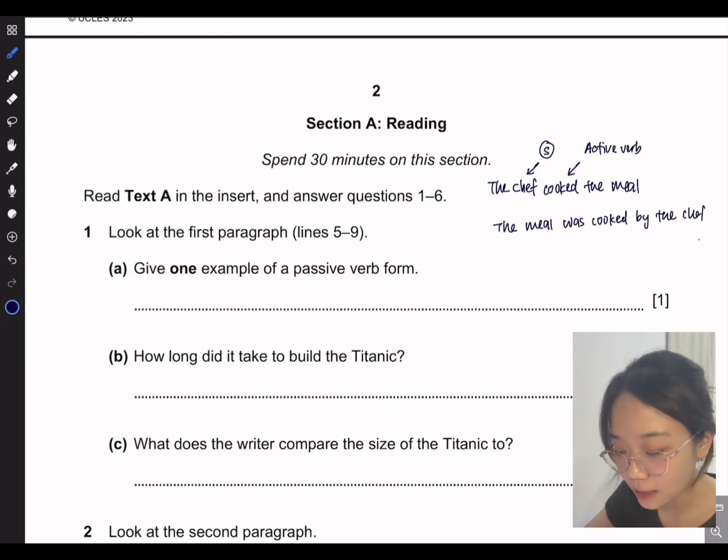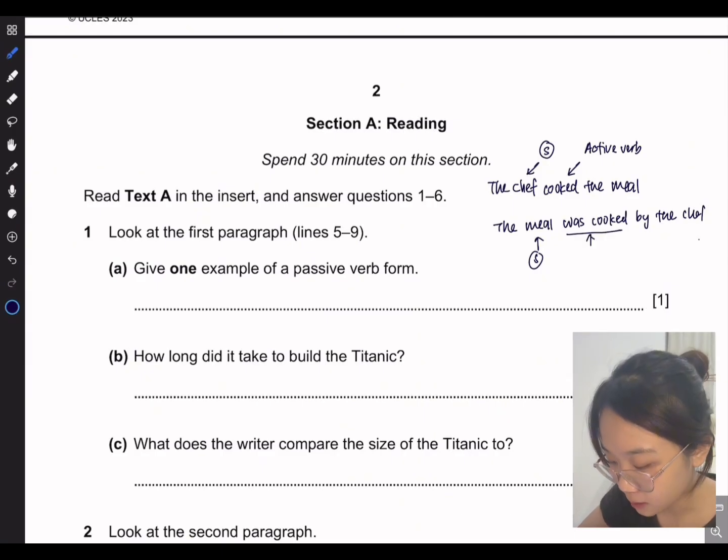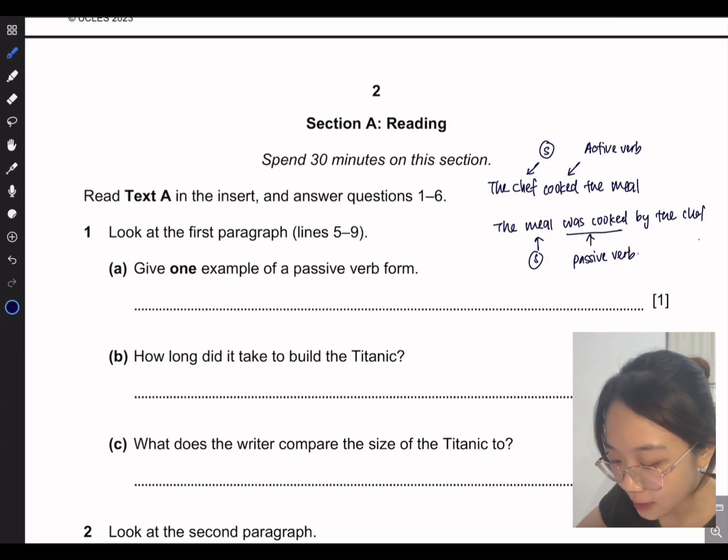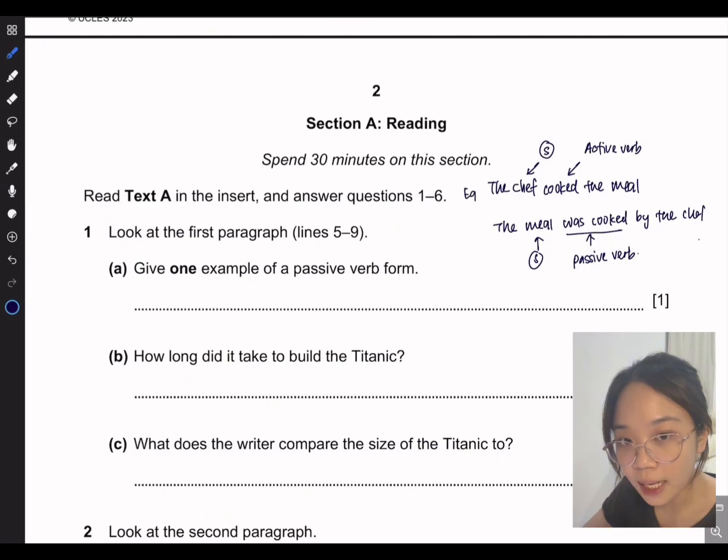Okay, so the next example is passive voice. Okay, so passive voice, meal now becomes the subject and was cooked is now the passive verb. Okay, so what's the difference between these two sentences is the first example, the subject is actually doing the action, whereas example number 2, the subject is receiving the action.